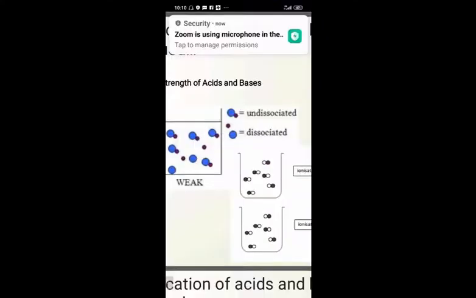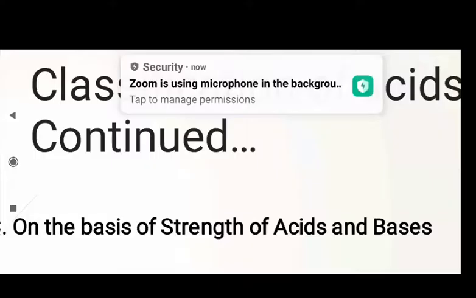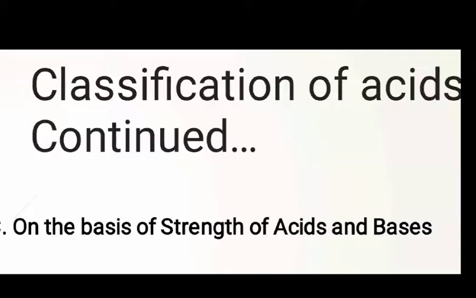Okay, depending upon the strength of the acid, we can divide them. That means if the concentration of the hydronium ion is more, it is known as a strong acid. Understood? A strong acid can dissociate almost completely in aqueous solution, thereby producing a high concentration of H plus ions.